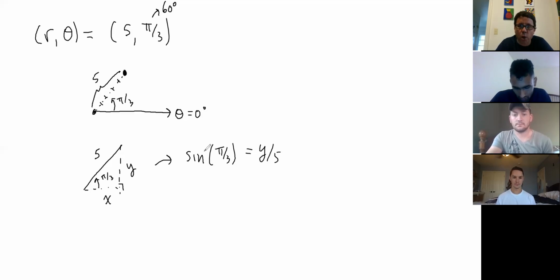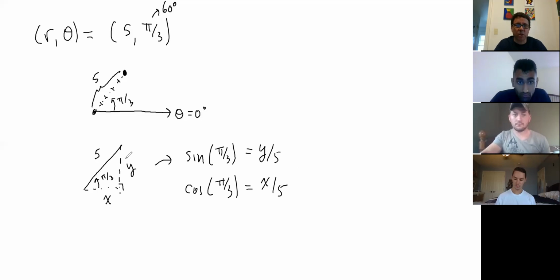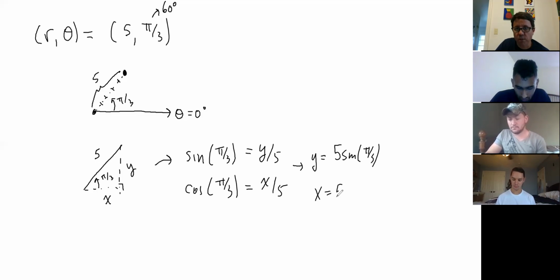Sine is opposite over hypotenuse. And the cosine of your angle pi over 3 is x over 5. That's adjacent over hypotenuse. If you multiply both sides by 5, you'll get that y is 5 times the sine of pi over 3, and x is 5 times the cosine of pi over 3.